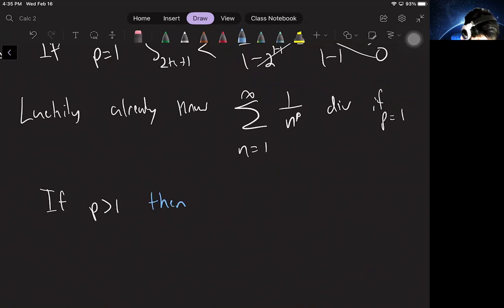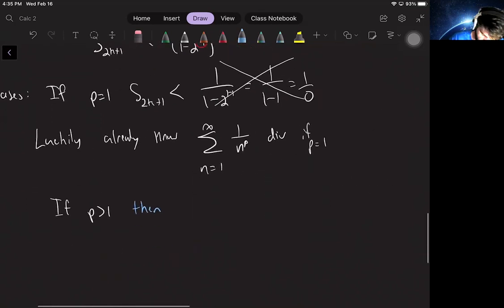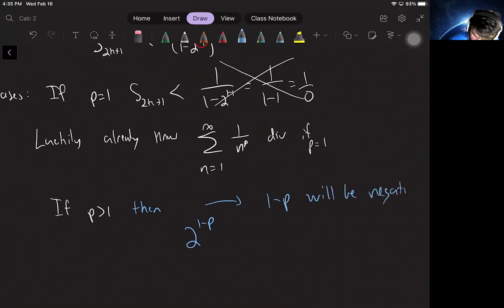So then, what does this look like? Well, what's this going to look like, first of all? So if p is bigger than 1, then what does that mean? That means 1 minus p will be negative, right? Because I'll be taking away more than 1 from 1. So if p is like 2, for example, it'll be negative 1.